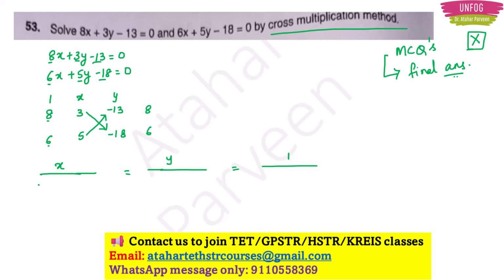So basically you have to cross multiply. Okay, you have to write the denominators from the second line, not from the first line. That's why I wrote x here. Okay, so like this. So I have 3 into minus 18 minus 5 into minus 13. Then below y, where you have to start from? From the third line you have to start like this.